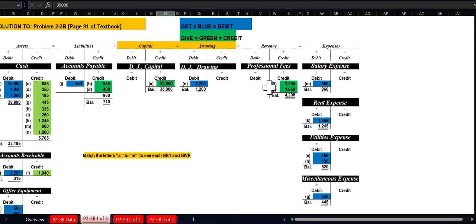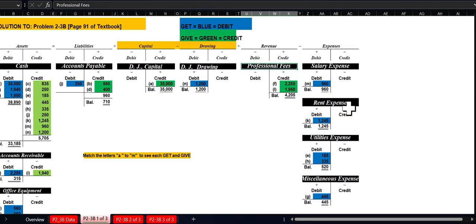So the normal balance for this revenue account here, professional fees, is a credit. And notice that since it doesn't have the word expense at the end of the name, we know it's a revenue account. If it were an expense account, it would say professional fees expense.